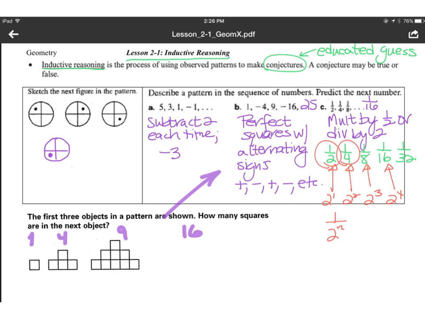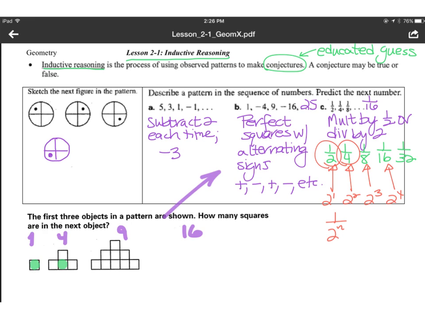So one way to think about it is to say, I'm going to take that little square there, and I'm going to build around it. So in my next phase, let me use the highlighter instead of the pen. So we've got our little square there. In our next phase, we're going to build around it.